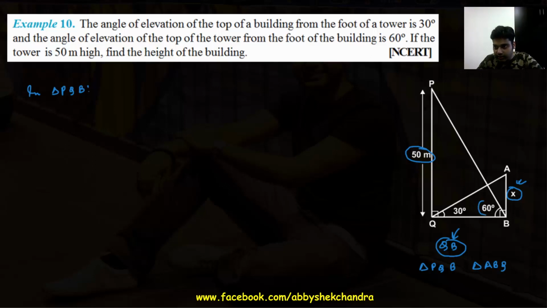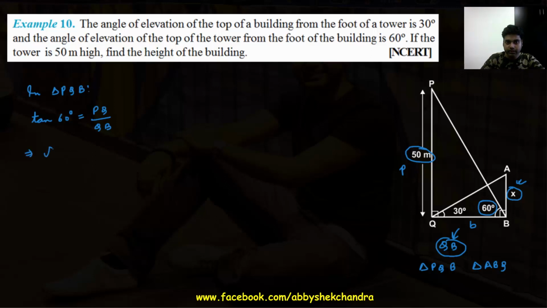This is the angle of the triangle, right? That is given 60 degrees, and another side of the triangle is BQ. BQ is the base with respect to this 60 degrees angle. This is the perpendicular. So obviously we are going to use tan theta. So tan of 60 degrees equal to the perpendicular, which is PQ, divided by QB.